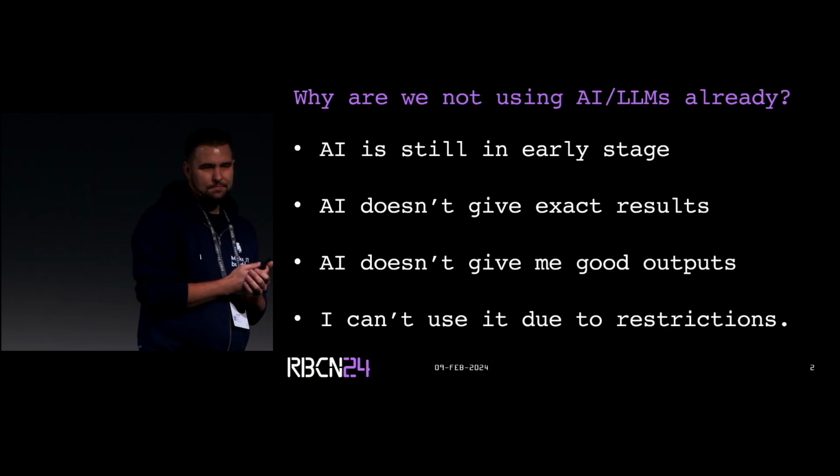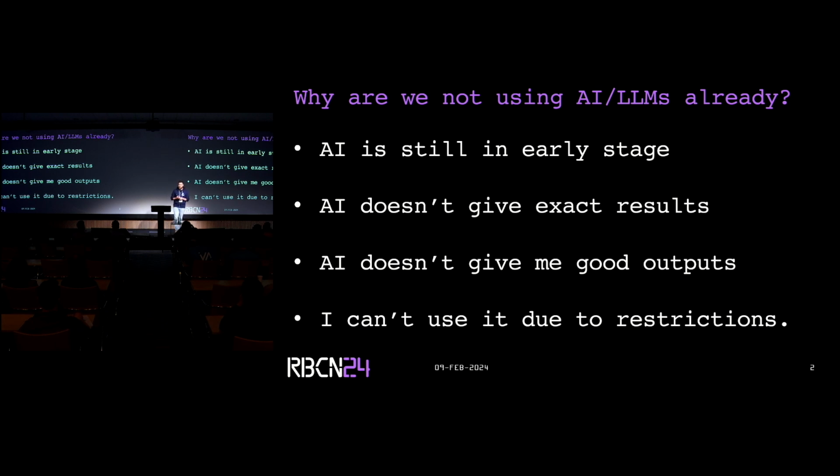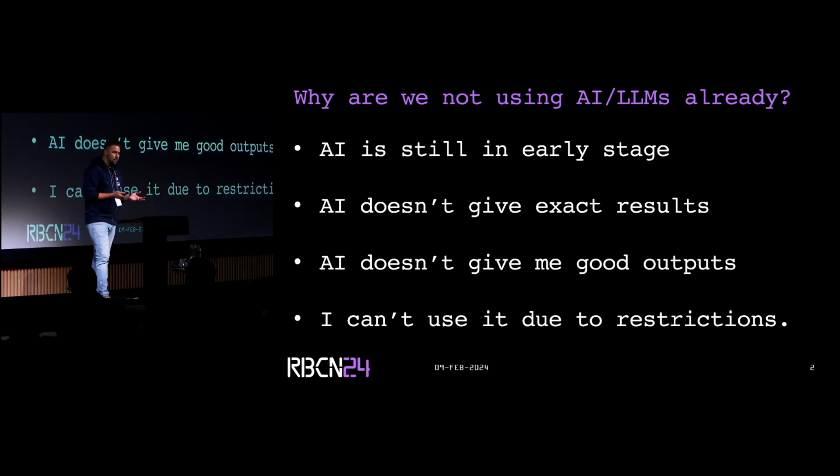So, why are we not using AI and LLMs that much in the QA community? Some of you clapped that you are using it weekly, daily. Few of you, including myself, use paid versions, so the most modern features that it can offer. But still, why are we not using it broadly? Well, because it's still early stage. And we, in QA, are looking for tools that are vetted, that provide good results, and maybe that do not hallucinate, because we hear about it all the time.